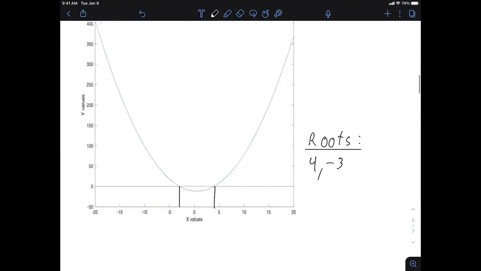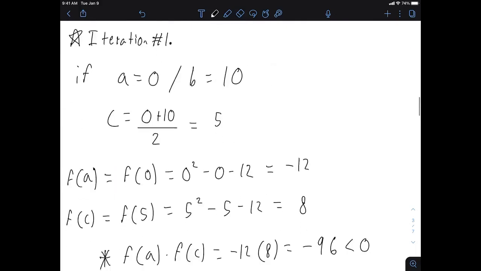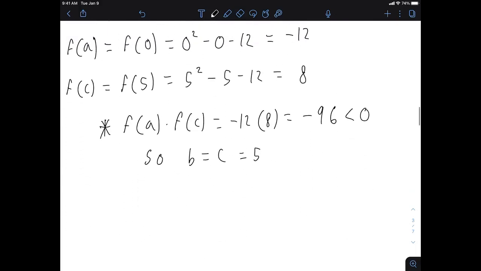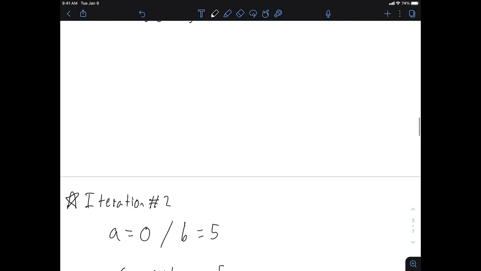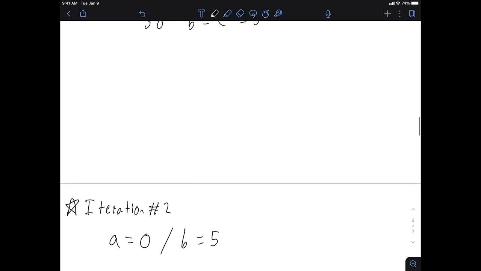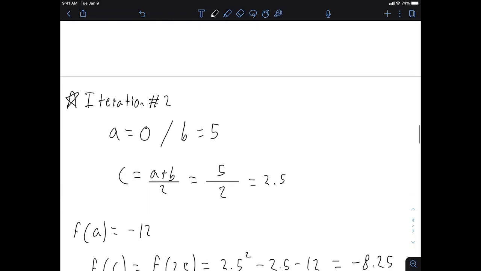So, according to this if statement, since it's less than 0, B is equal to C, which we did here. And that's the first iteration, okay? And so now your initial bracket updates to A equals 0 and B is equal to 5. And then you just do it again.